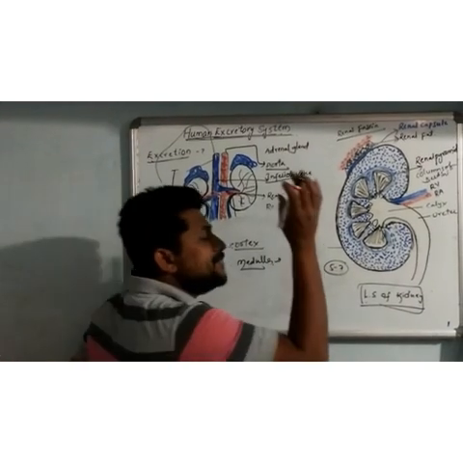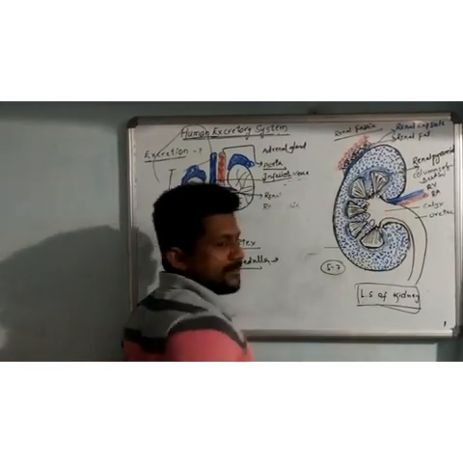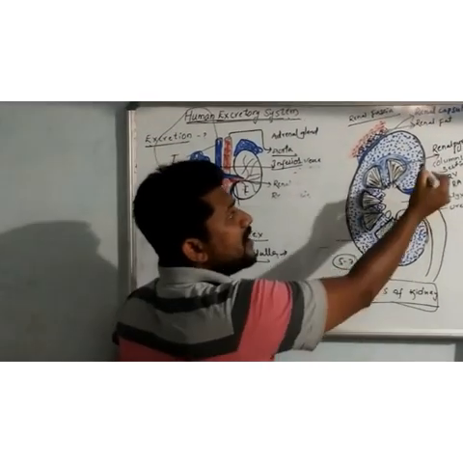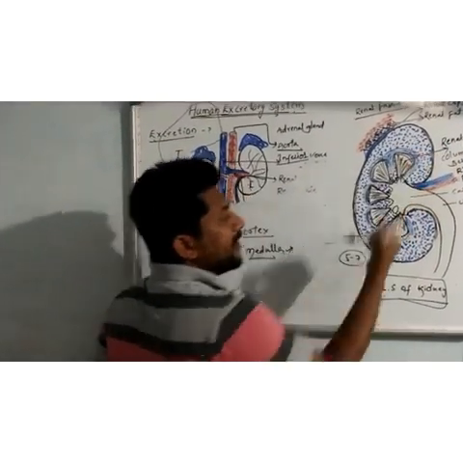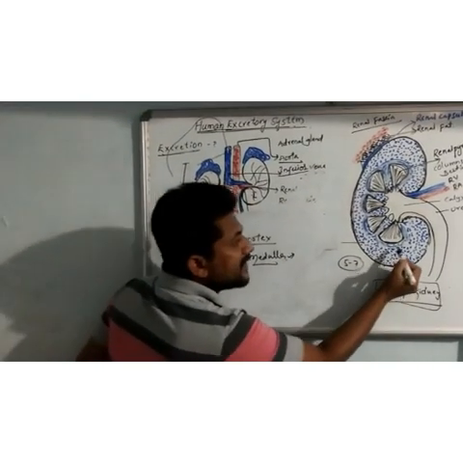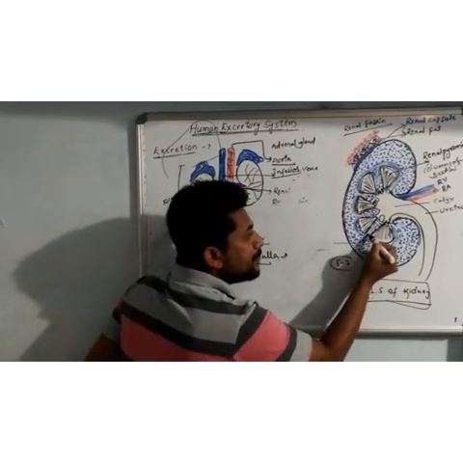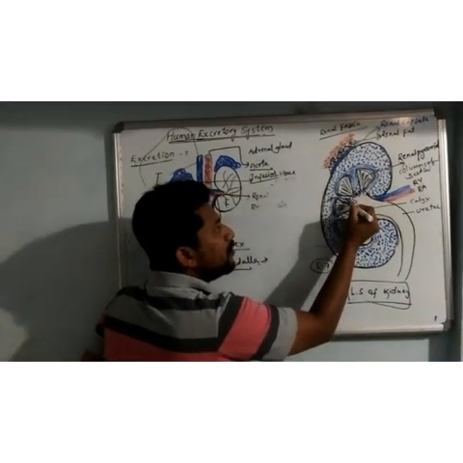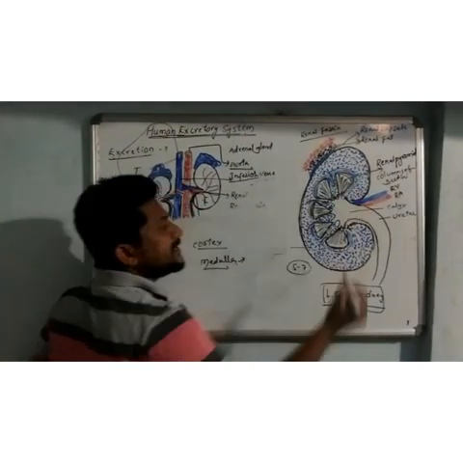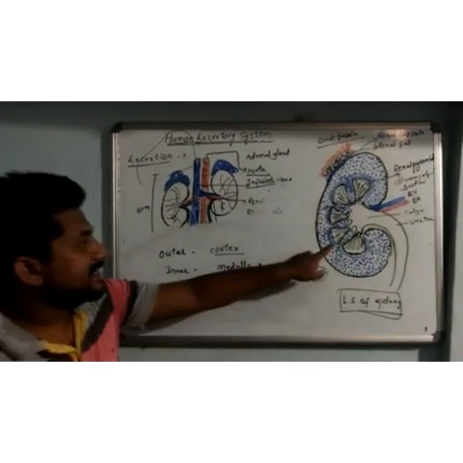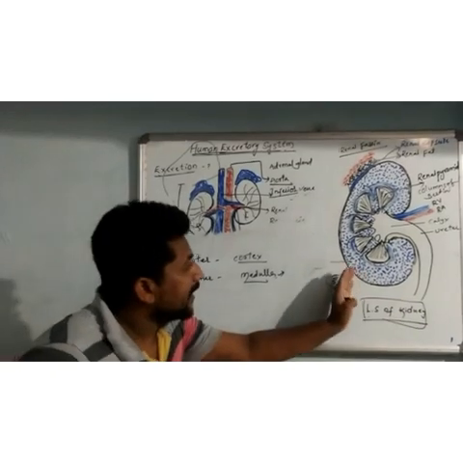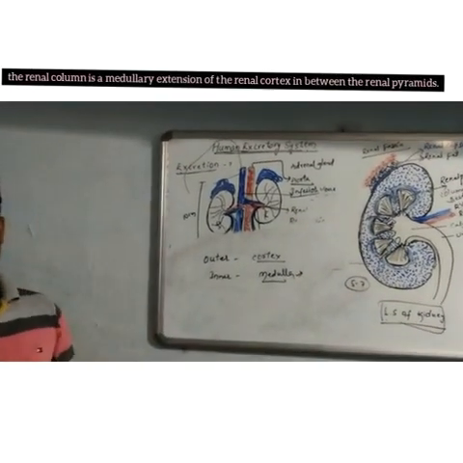Between the pyramids, the cortex area is penetrating between the two pyramids. This space is filled by the penetrating cortex portion.